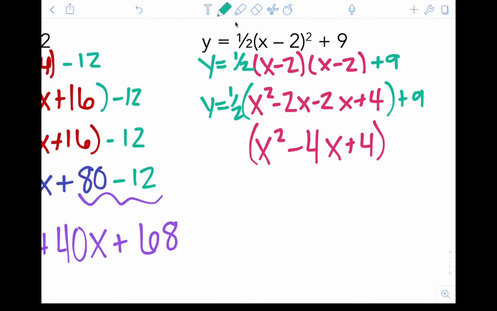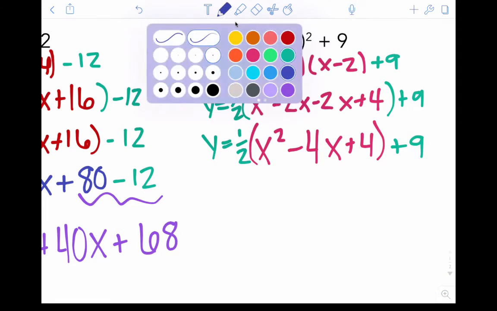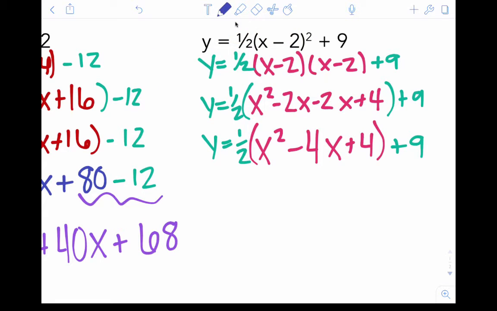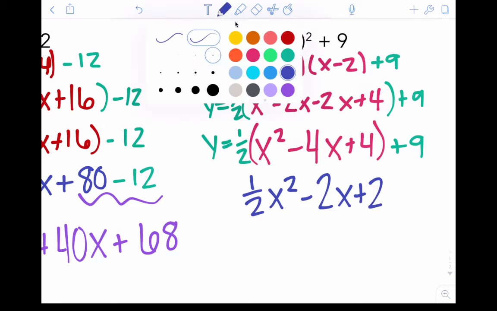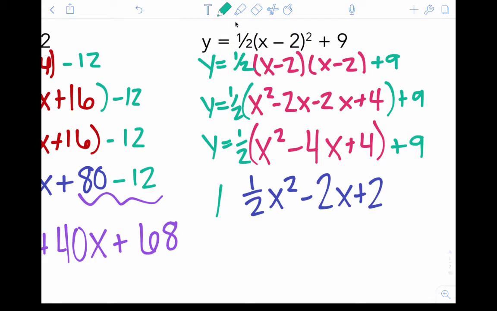So now I need to distribute my a value. So I need to distribute that 1/2. So when I do that, I get 1/2 x squared minus 2x plus 2. And then I still have the y equals and that plus 9 at the end.